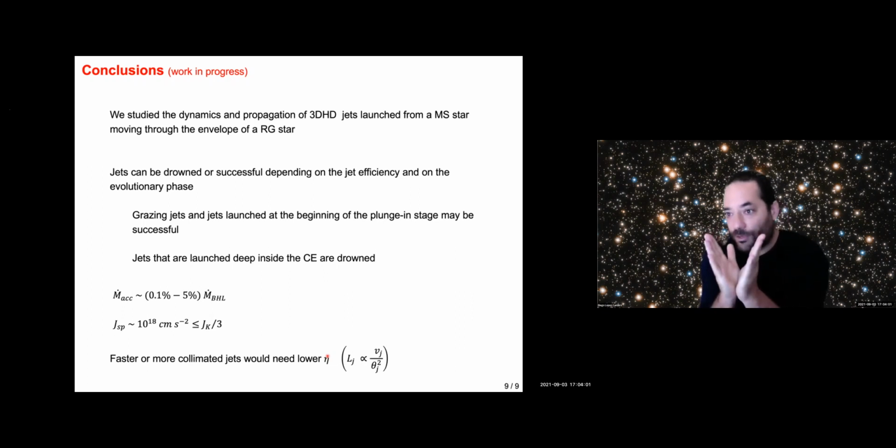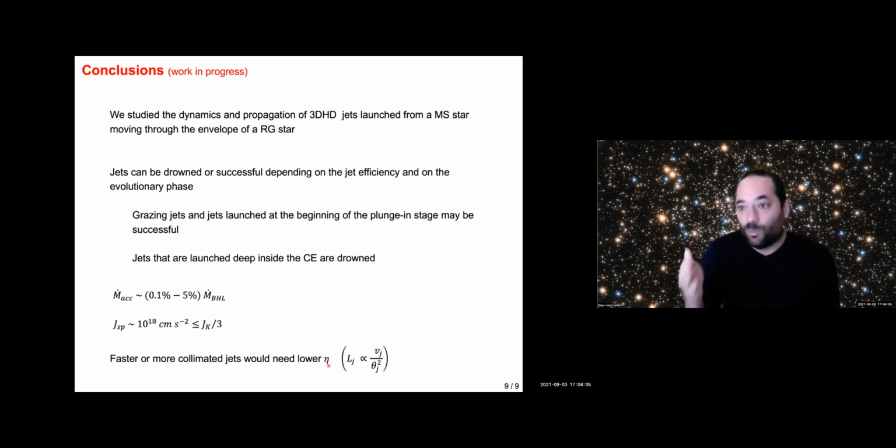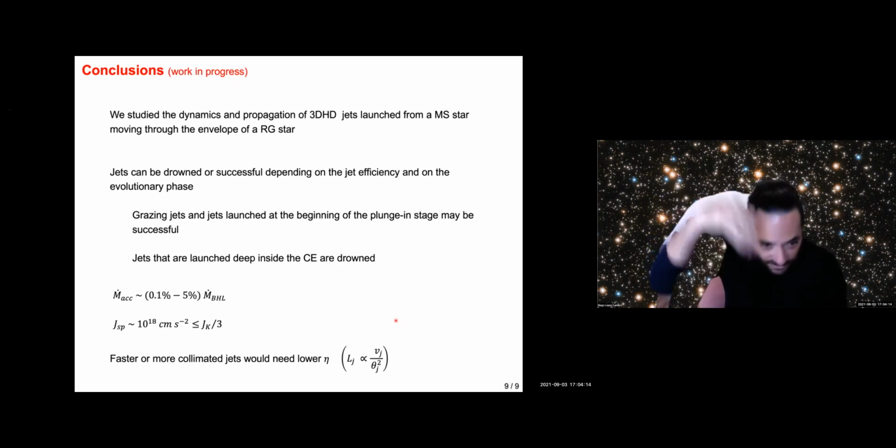So instead of 30 degrees, we have a 10-degree jet, and our eta would reduce 10 times. Instead of 0.7, we would have 0.07, only 7% of the accreted mass being launched in the jet.